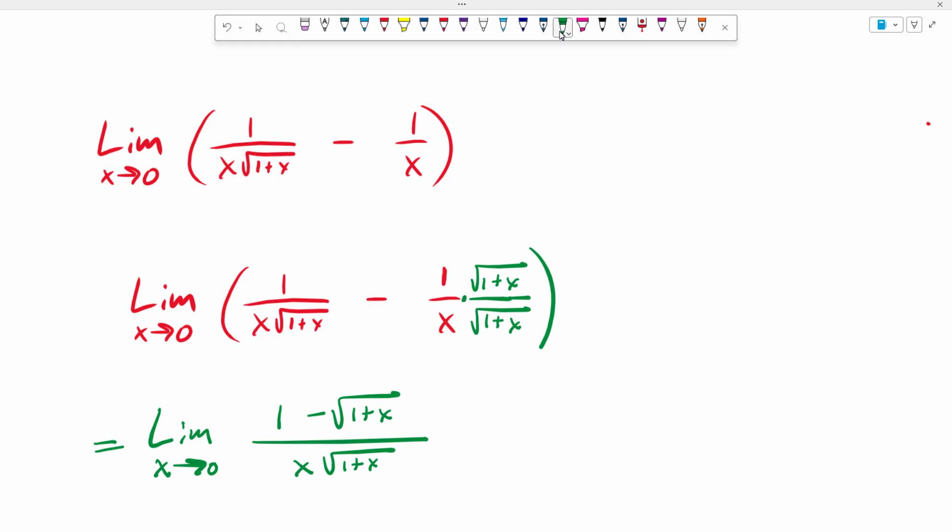And now if we try direct substitution, we get 1 minus root 1 plus 0 over 0. Now we get 0 over 0, which is a different indeterminate form. So we've got to do some more work. So now what?